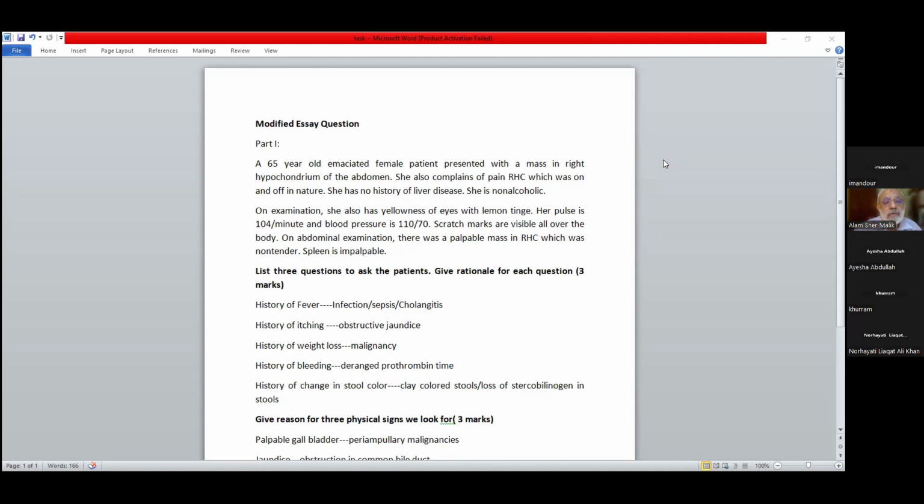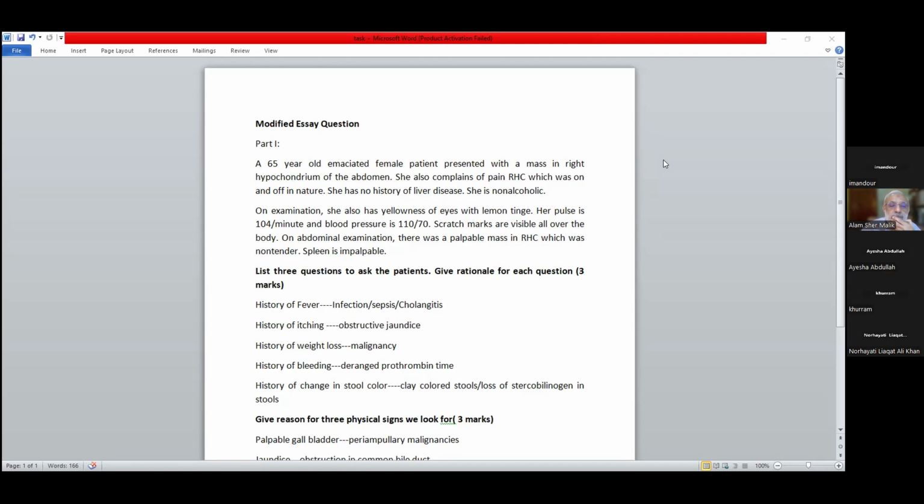So this was just the scenario. We kept it simple: list 3 questions to ask the patient and give the rationale for each question. We put 3 marks for it. The questions listed are: first, the history of fever, and the rationale is to know about sepsis, infection, and cholangitis, which is obvious in these cases.